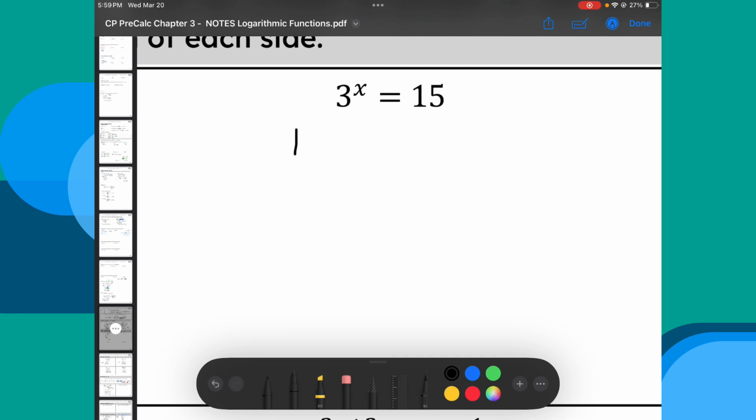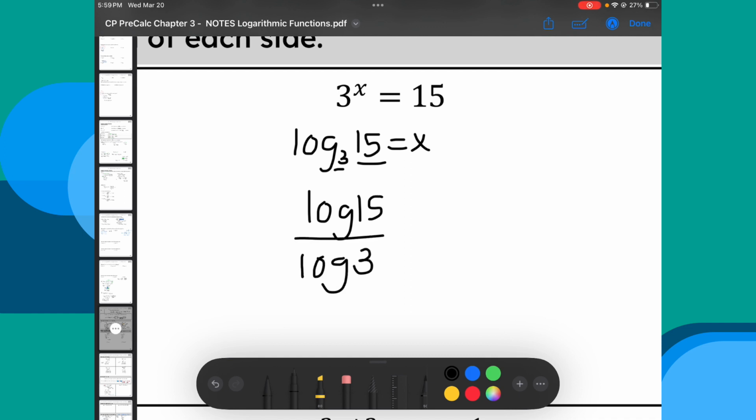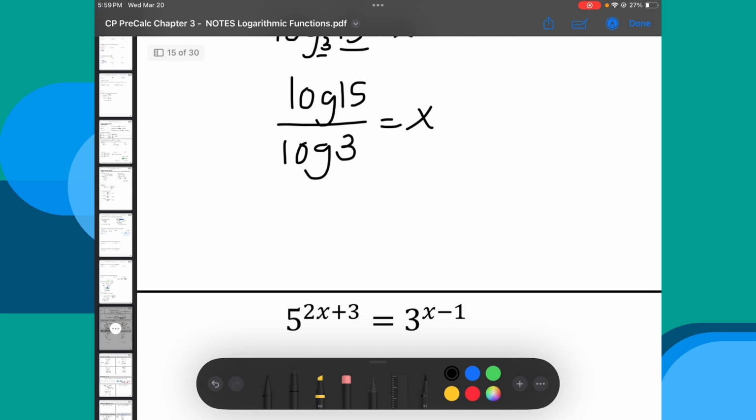So this would be log base 3 of 15 is equal to x. Since we have both the base and what we're taking the log of, you can use the change of base formula. So log of 15 over log of 3 is equal to x. Throw that in your calculator, and you should get 2.465.